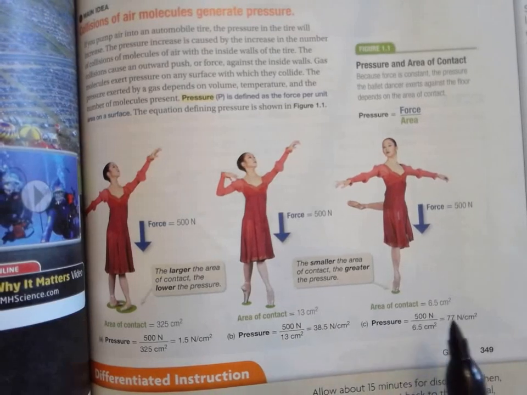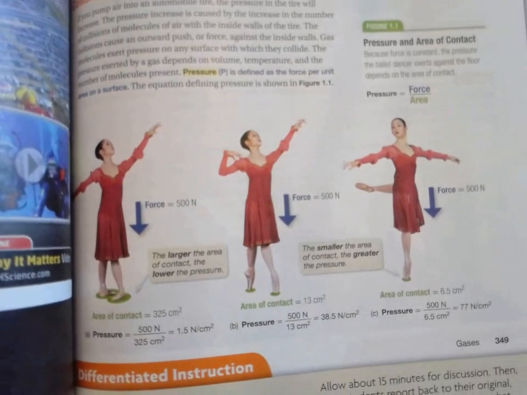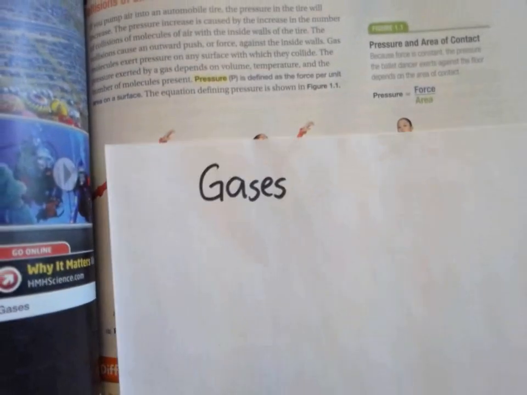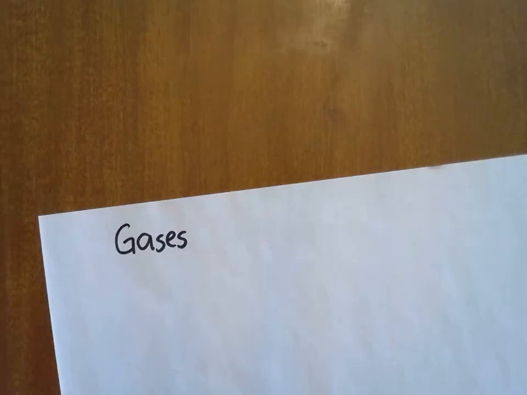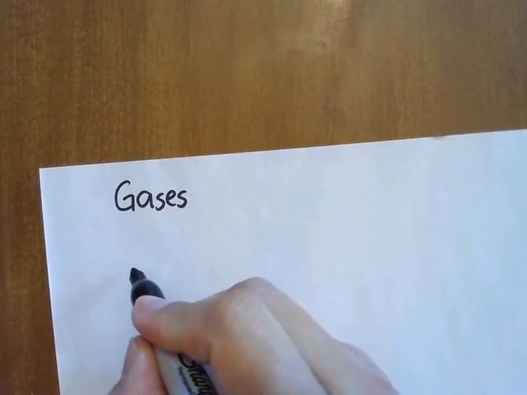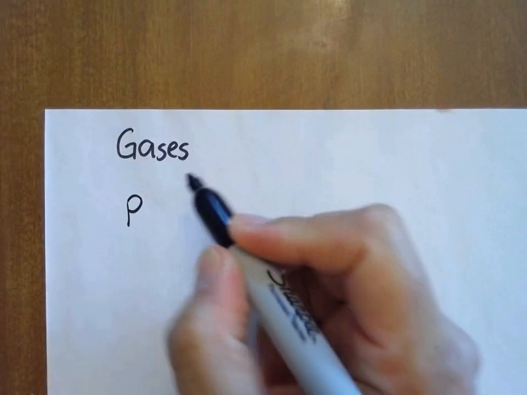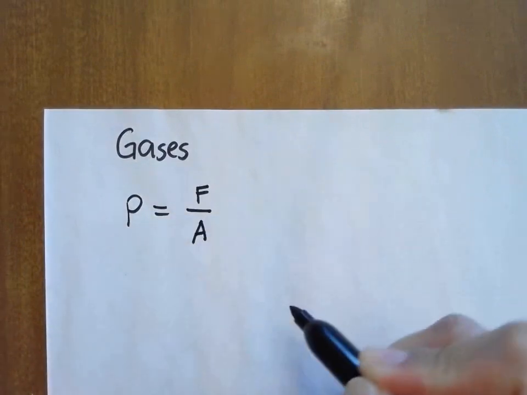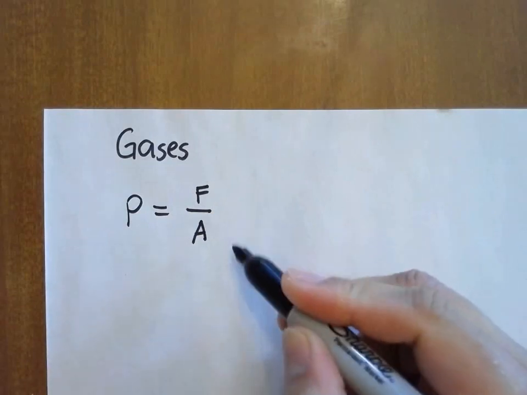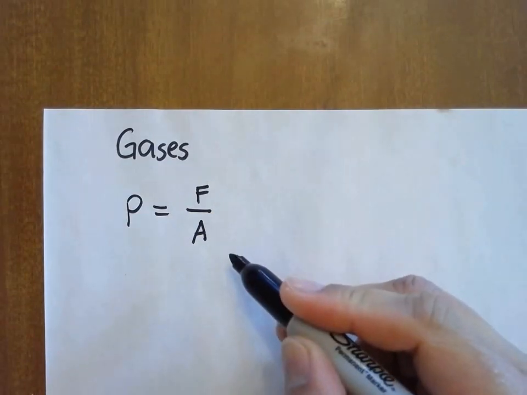Now, using our equation for the pressure, P is equal to F over A. F is the force and A is the area.